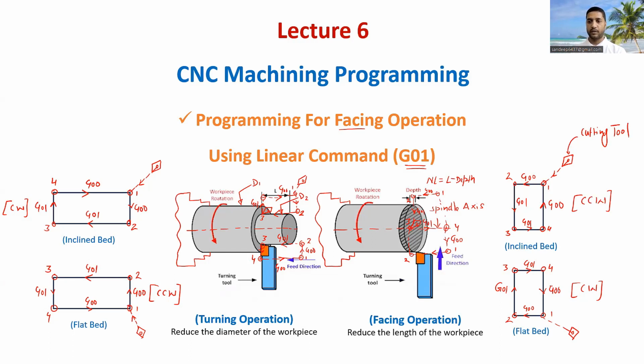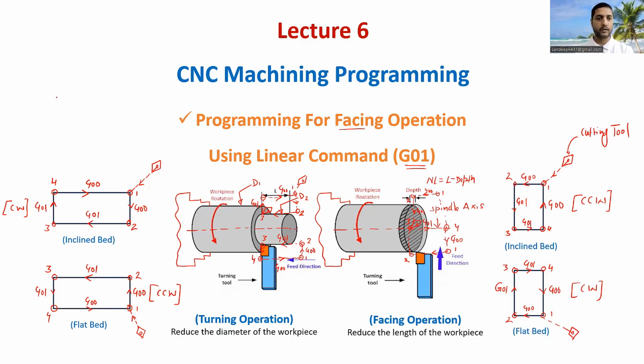Now this is the facing operation. So we can conclude from here that for flat bed, the direction of motion of the cutting tool is in clockwise direction in facing operation, and for inclined bed, the direction of motion is in counterclockwise direction. So let me write here the nomenclature which I'm using.